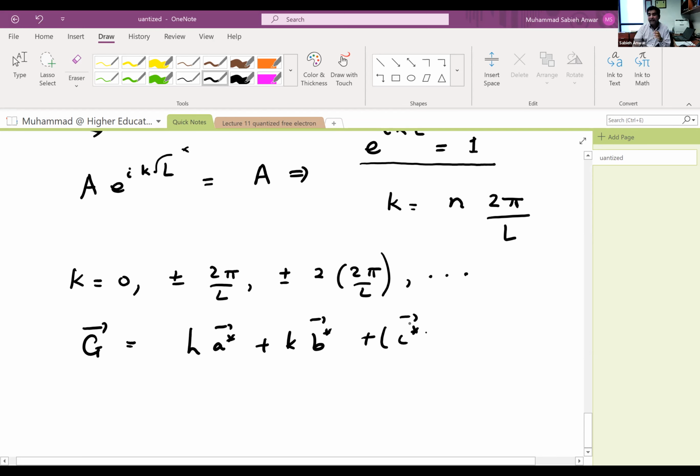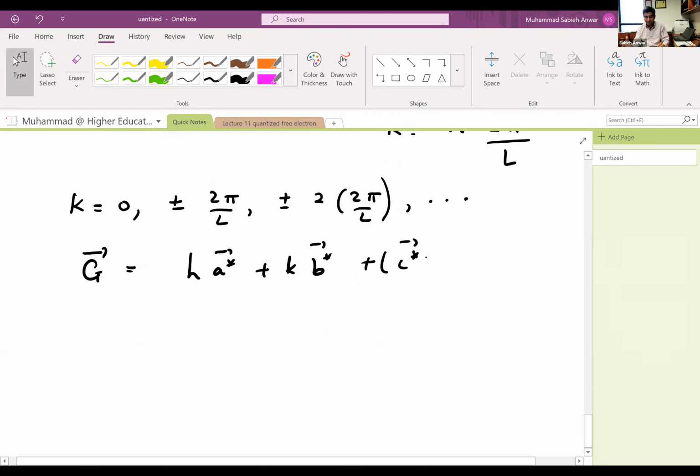The A star, of course, can have a length 2 pi over A, where A is the unit cell size, and here L is the size of the solid. Okay, so just keep that in mind.